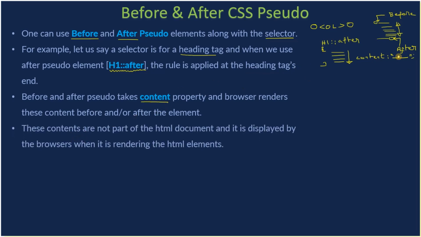So here we are talking about the content, right? These contents are not part of the HTML document, and it is displayed by the browser when it is rendering the HTML element.